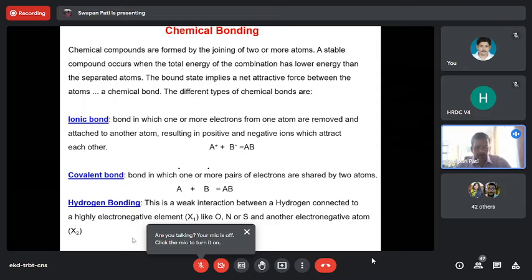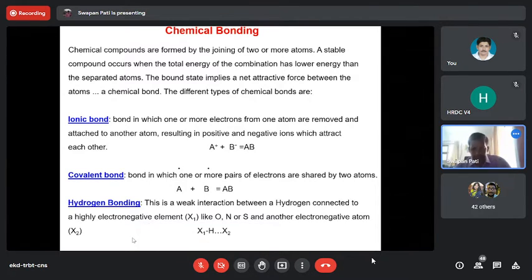Covalent bond, in which one or more pairs of electrons are shared by two atoms. Hydrogen bonding, very weak interactions between hydrogen and a highly electronegative element like oxygen, nitrogen, and sulfur, another electronegative atom. In fact, this X1 to H is a covalent bond, and H to X2, that's the hydrogen bond.